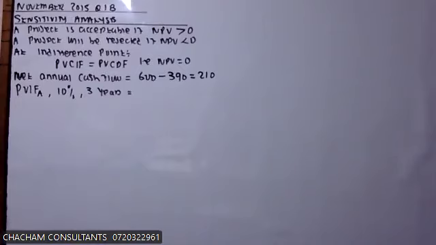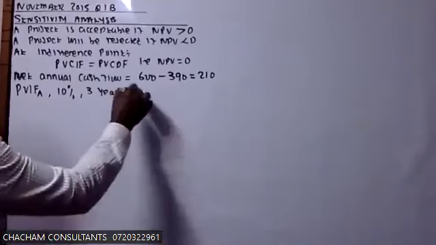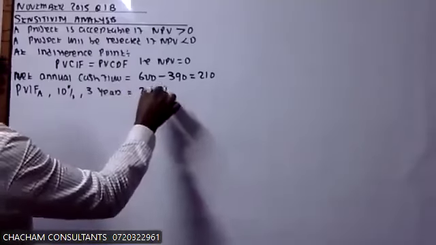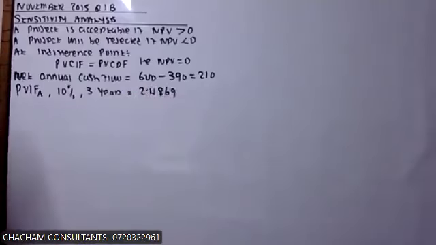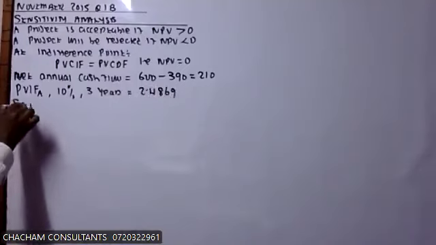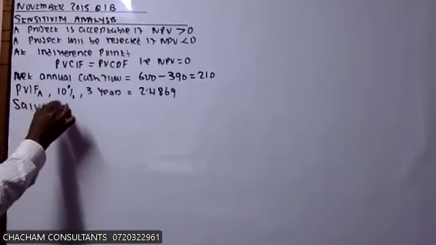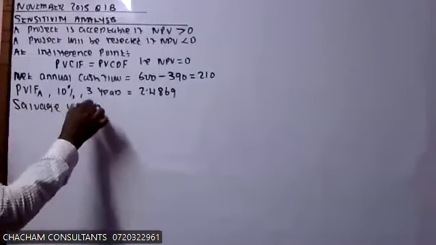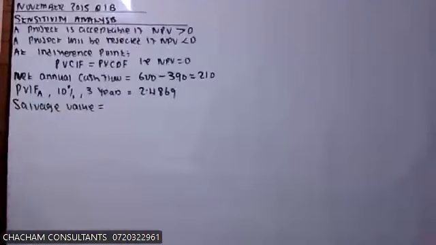The one for annuity: 2.4869. There is another inflow. So the salvage value we are told is 80.